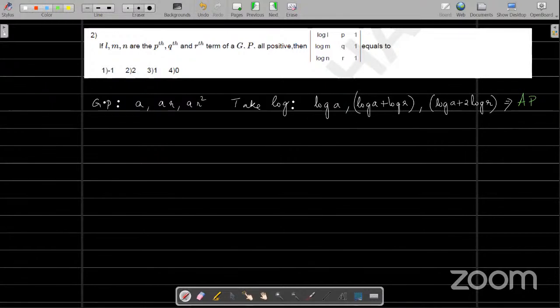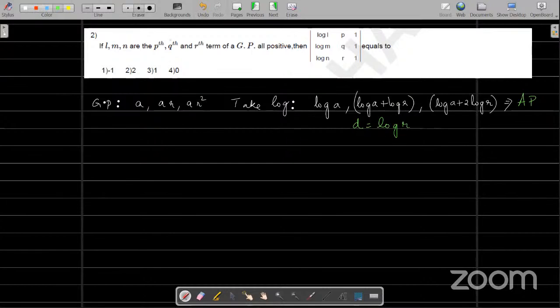Why? Because there is a constant difference. What is the constant difference here? D should be log of R. Because when you subtract the second term from the first, log A gets cancelled out and you get log R. And then if you subtract the second from the third, log A gets cancelled out. 2 log R minus log R is 1 log R. So therefore, there is a common difference.